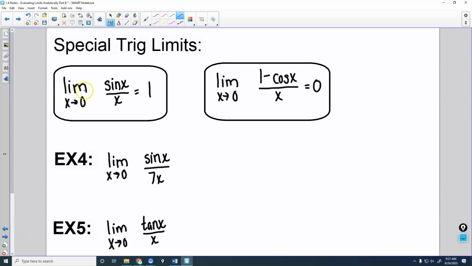So I'm looking at the limit as x approaches 0 of sine x over x. And I'm saying that it is 1. But if I plug in 0, right, sine of 0 over 0 is 0 over 0, which is indeterminate form.